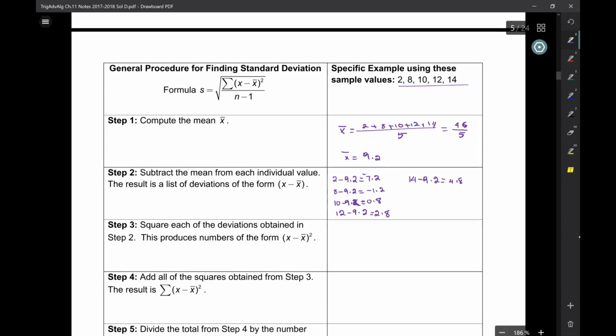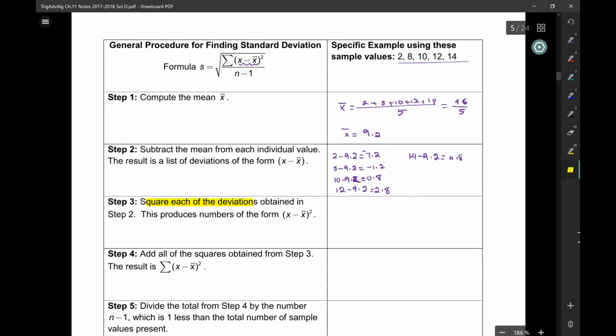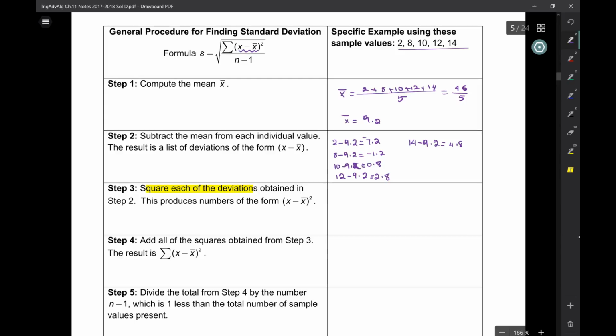I just did x minus x bar. What's the next step in that formula? Here, look. X minus x bar, I just did that. Now I gotta square each of these terms. So now, square each of the deviations. When I square a negative, what do I get?